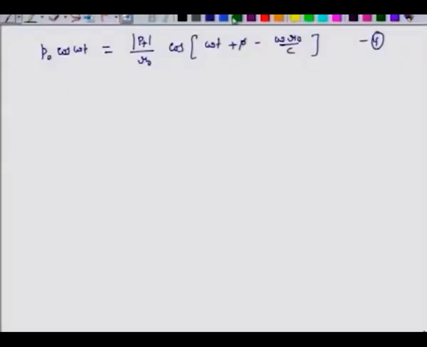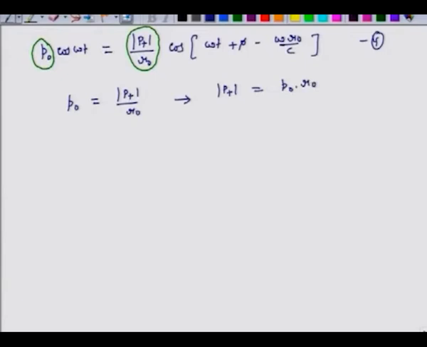The first condition is that the magnitude of the left hand side should equal the magnitude of the right hand side. So, p naught should be equal to p plus over r naught, which implies that the magnitude of p plus should equal p naught times r naught.